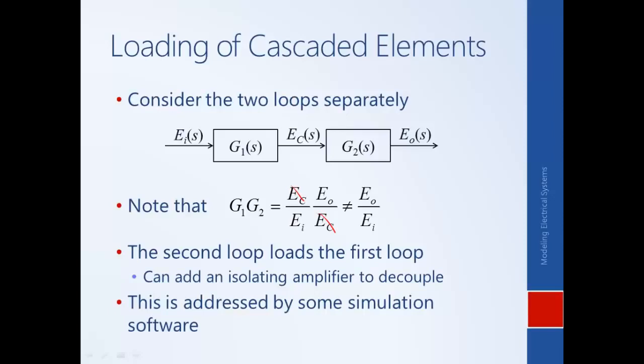However, if we're using simulation software like Simulink, where we're just modeling the system as transfer functions, but Simulink doesn't know what the transfer functions represent, then it will make the assumption that the transfer functions multiply, even though in reality that doesn't model the system correctly.